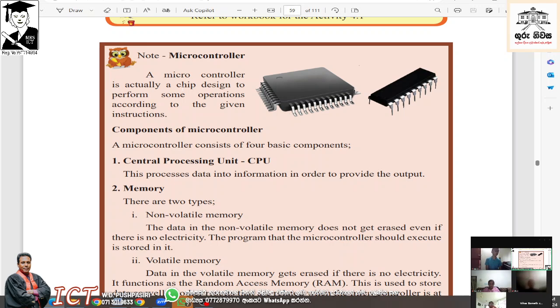What is microcontroller? Write this as a question. Then write down the sentence. A microcontroller is actually a chip designed to perform some operations according to the given instructions. So that sentence you can write down.